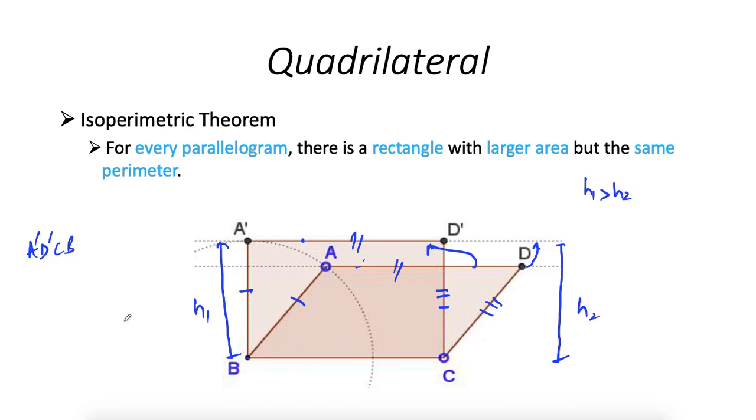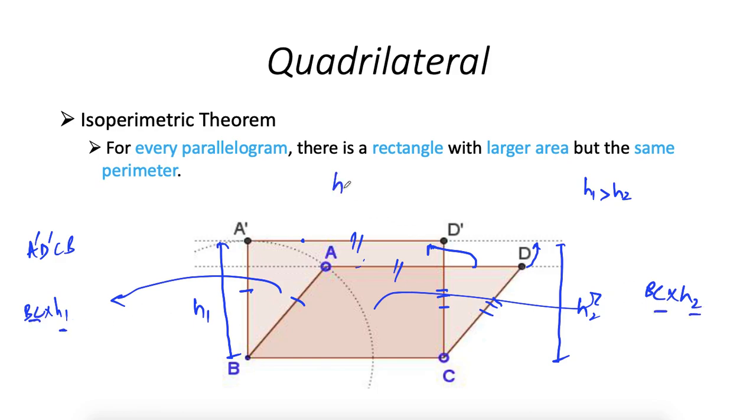So the area for the first one is base BC into height H1, and the area for this one is BC into H2. BC is the same, the only difference is in the height, and H1 is greater than H2. That's why the area of the upper rectangle is greater.